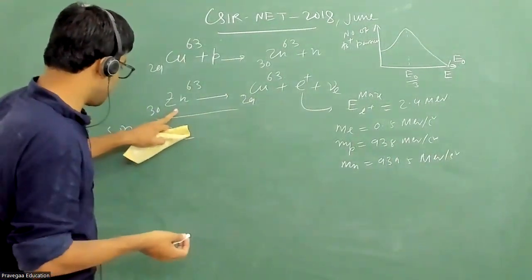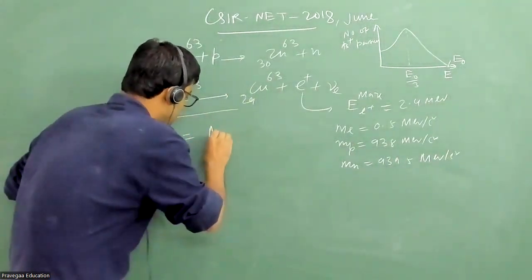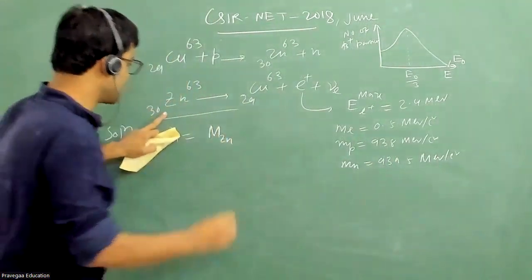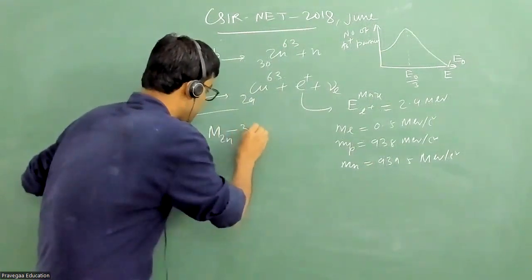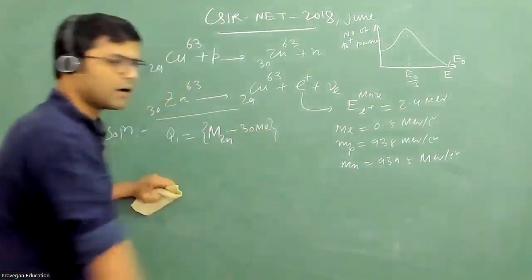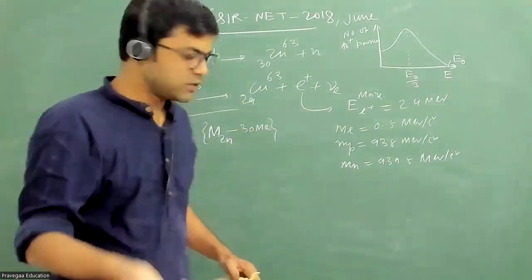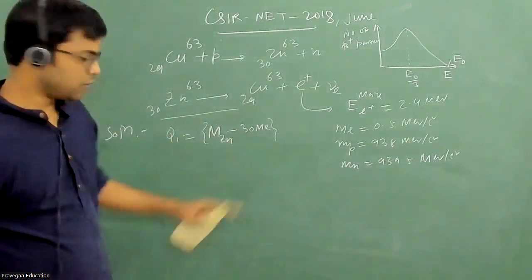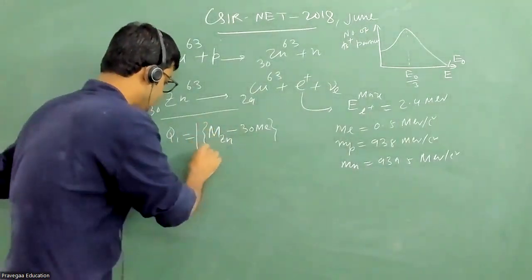So I can represent it as atomic mass of zinc minus 30 times mass of electron. Basically, you convert nuclear mass into atomic mass by subtracting Z times mass of electron. So this is the nuclear mass of reactant.